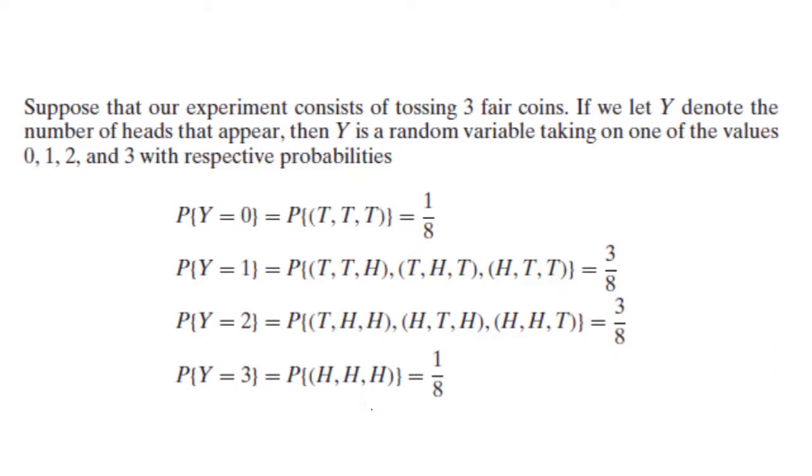This event has one sample point. So the probability of this event is 1/8, right? Understand? This is a concrete example of what a random variable is.